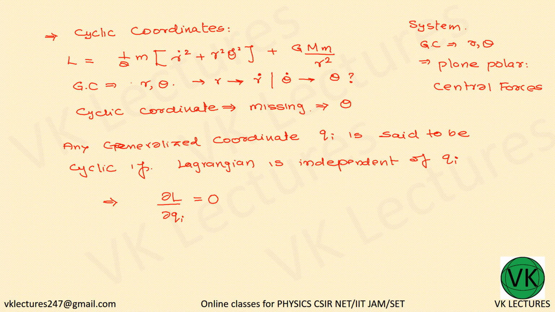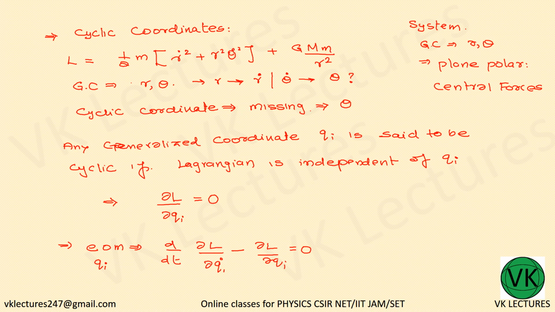Now writing the equation of motion with respect to qi, we have d by dt of dou L by dou qi dot minus dou L by dou qi equal to 0.